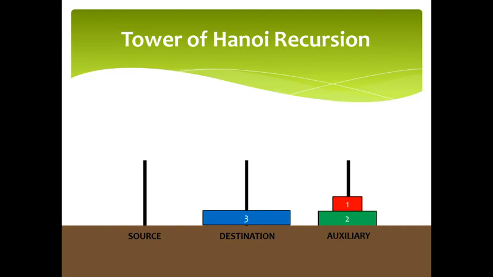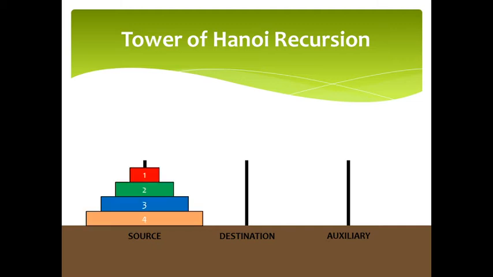If you still don't get this part, then you may want to review the state where we had only 2 disks and see that we are actually moving them one disk at a time. And to finalize, we can transfer disks 1 and 2 from the auxiliary to the destination rod. Again, with the use of a recursive function, we can move these 2 disks one disk at a time and not as a group.